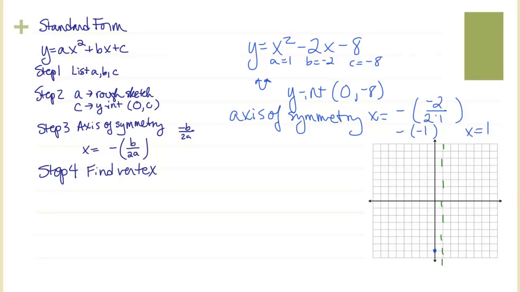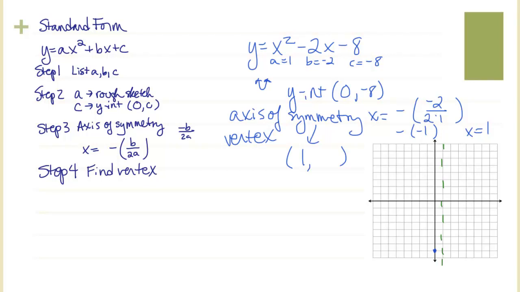To find the vertex, think about it. What do we know about the vertex? The vertex sits on the axis of symmetry. So that means we know the x value of the vertex is the axis of symmetry number. How do we find the other number?